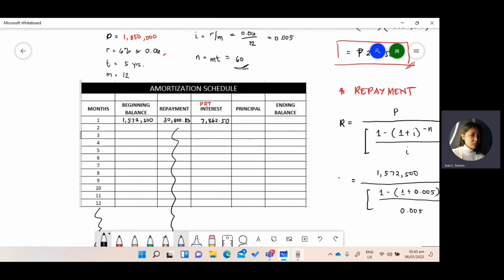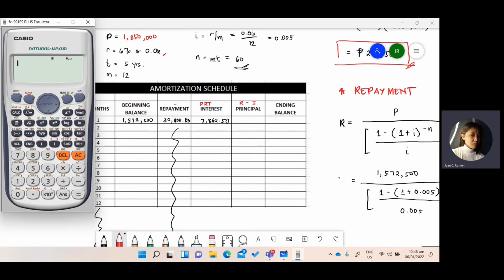So, for the principal, para po makuha yung principal, yung repayment minus interest lang. Okay? So, itong repayment kasi, kasama na dito yung interest. Yung binabayaran mo monthly, included na doon yung interest. So, to get the principal, this repayment, subtract mo lang yung interest. Okay?